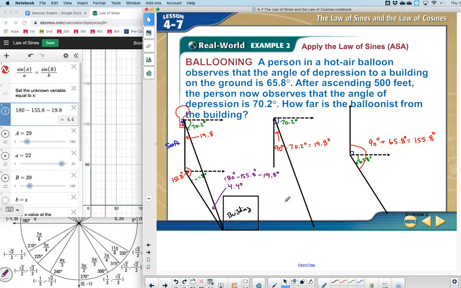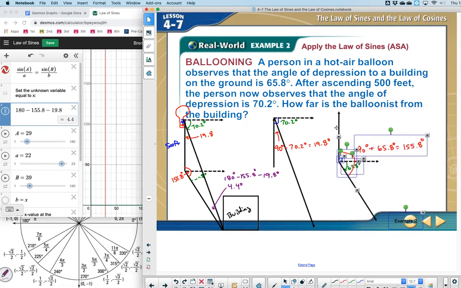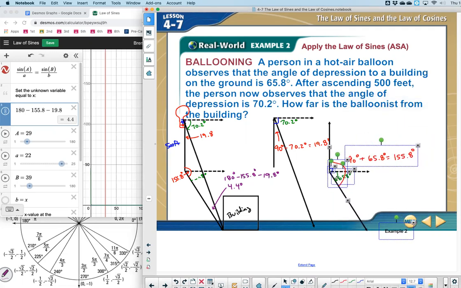So now I can actually solve this, believe it or not. I can solve this whole problem. You might be thinking, how can you solve this problem? I don't even know what we're even looking for. Well, what I do know is this. We are looking for this length from the balloonist to the building. That's the value we're looking for, that's our unknown. And we have a completed set now.